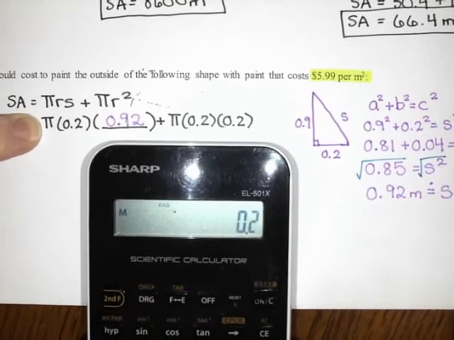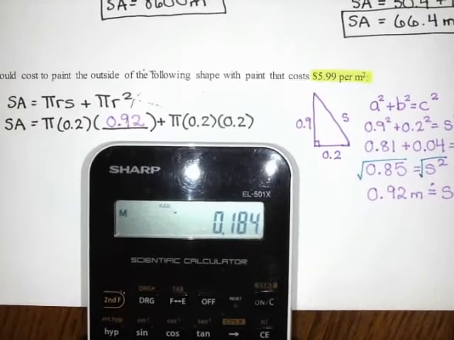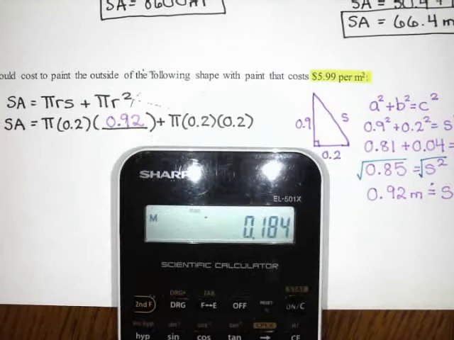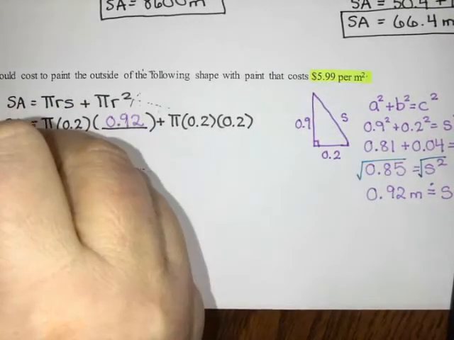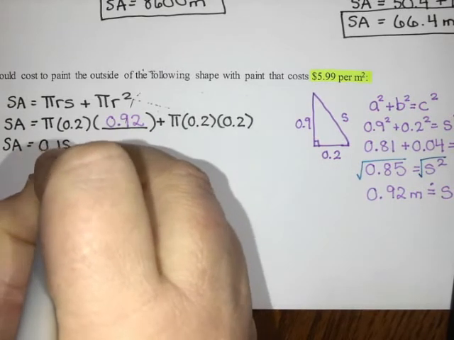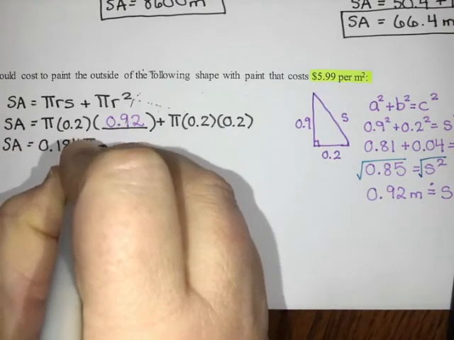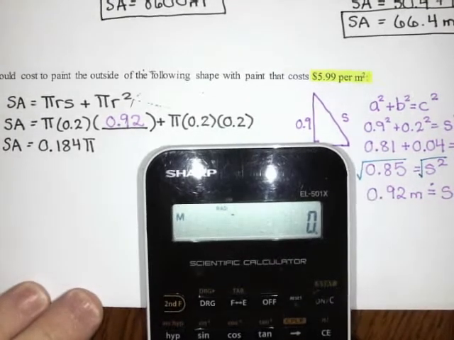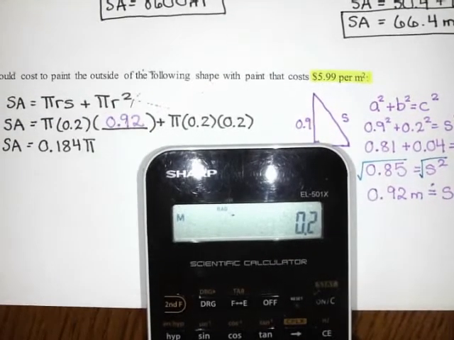So 0.2 times 0.92 is still a decimal, but it's a lot less decimal places than if I threw in the pi. So I'm going to say that the surface area here is 0.184 times pi. And then I'm going to do the same thing with the 0.2 times 0.2 in the second part here.